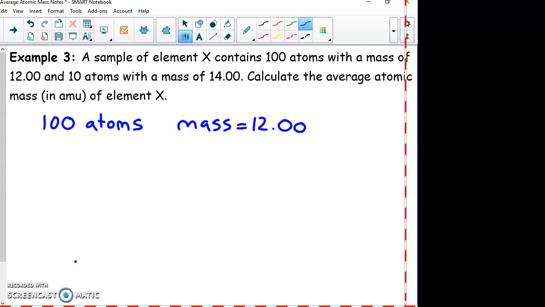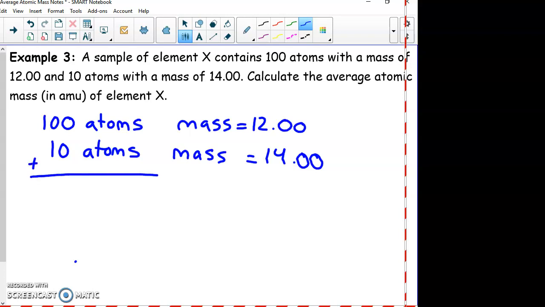And then there are 10 atoms with a mass equal to 14. And so we want to find the percentage of each of these. Now, probably a good idea to find the total. We want to know how many total are in our sample, and overall at whatever element X, we've got 110 total atoms present.